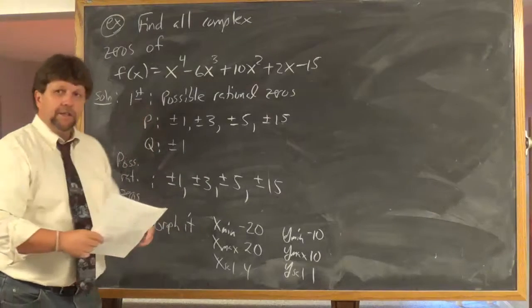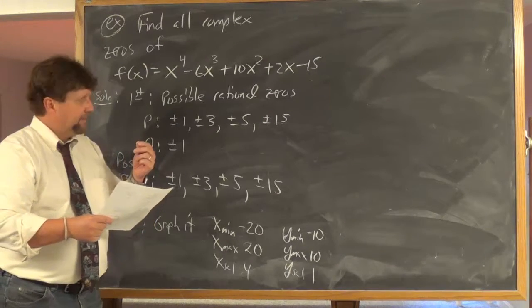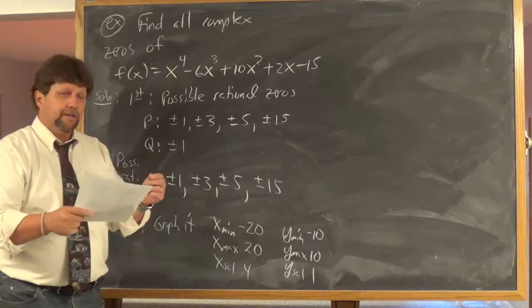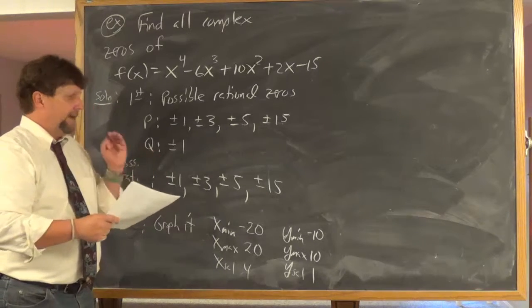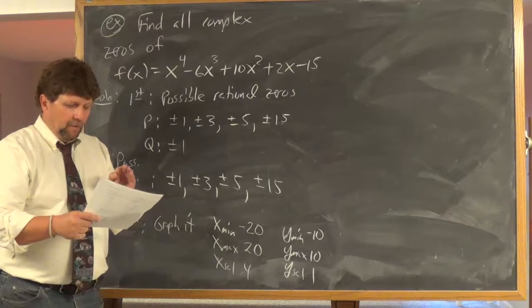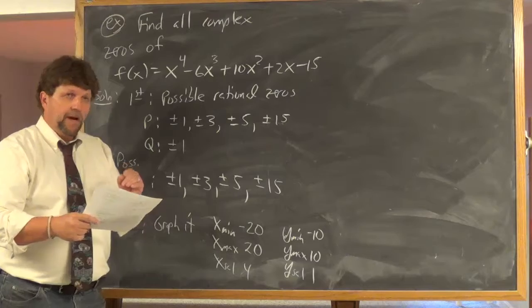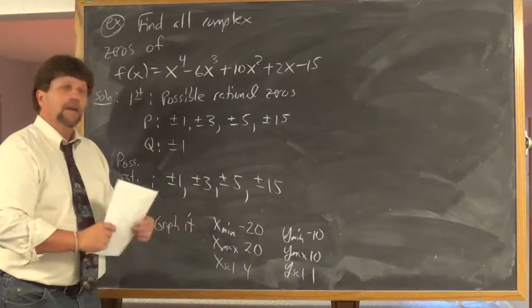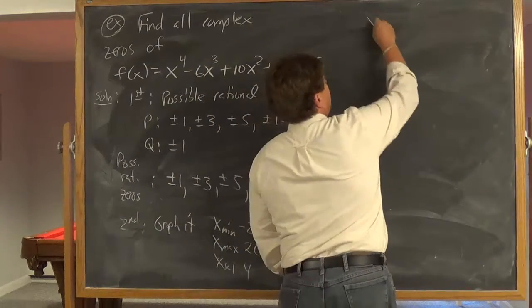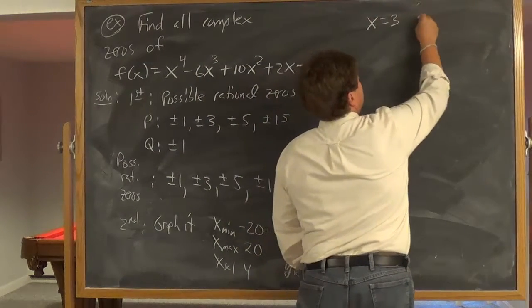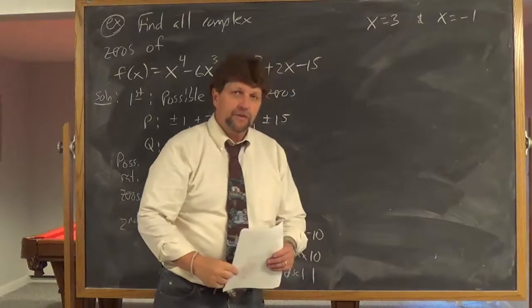Okay, now that we've looked at the graph, the graph along with the remainder theorem, factor theorem, showed us that x equals 3 and x equals negative 1 were the rational zeros that are in our list. So from the graph, we know that x equals 3 and x equals negative 1 are zeros.